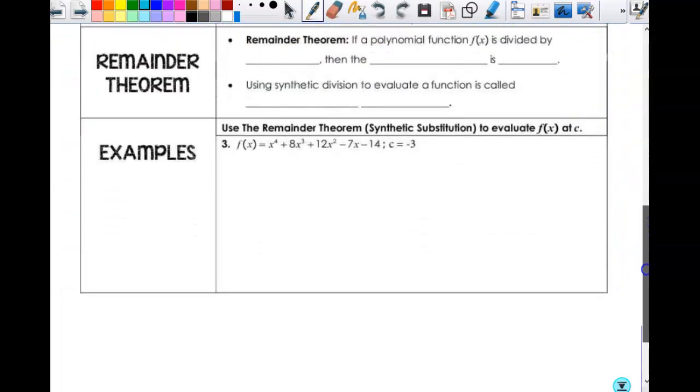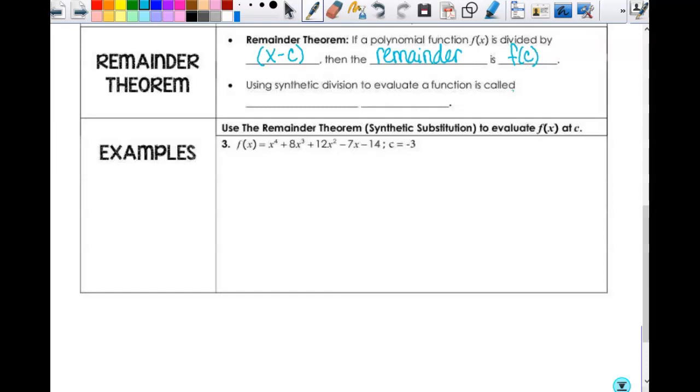So let's see, the remainder theorem. If a polynomial function f of x is divided by x minus c, then the remainder is f of c. Sorry, a little brain fart there. I felt like I was writing it wrong. So x minus c, then the remainder is f of c.